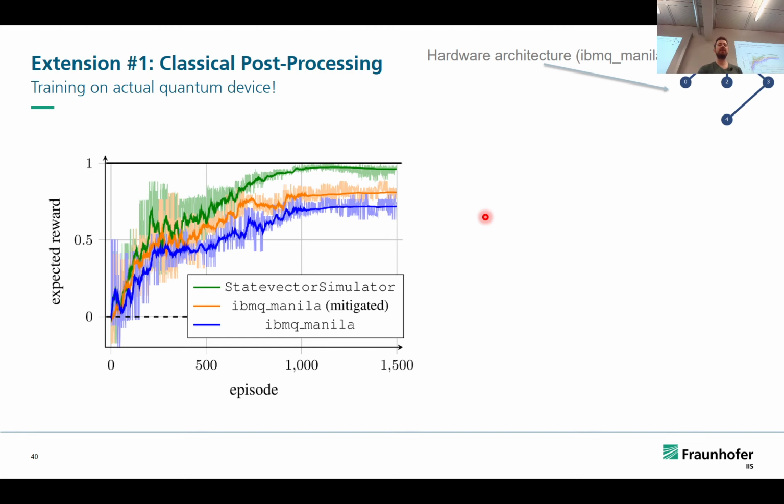And blue was just without any error correction or error mitigation techniques. You can see some difference in those two, so there was some improvement. But the main thing we were very happy about is that we were able to show that the agent is actually able to train. It might not reach the perfect performance, but it drastically improves upon a completely random policy.